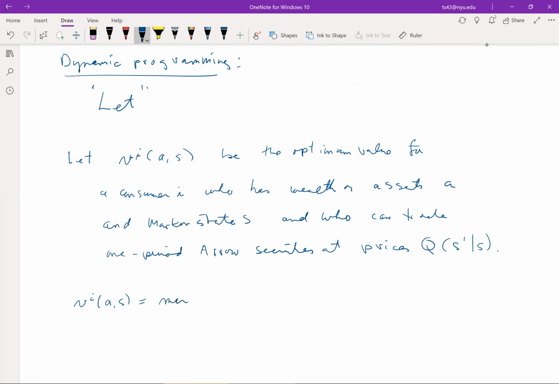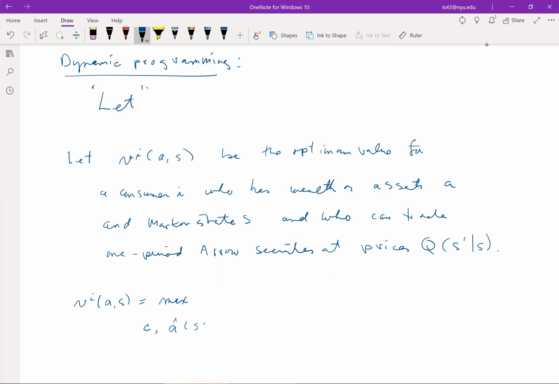so I have to write max, and then below I have to say what the person chooses. Person chooses consumption and chooses a portfolio, which we'll call A hat of S, A hat I of S prime.